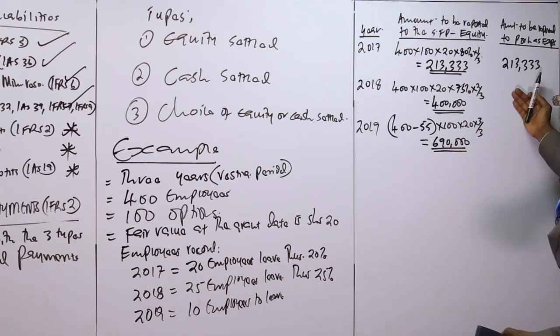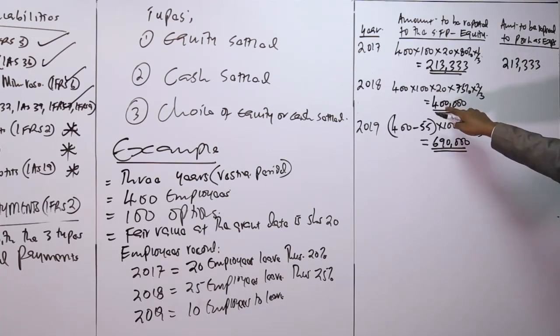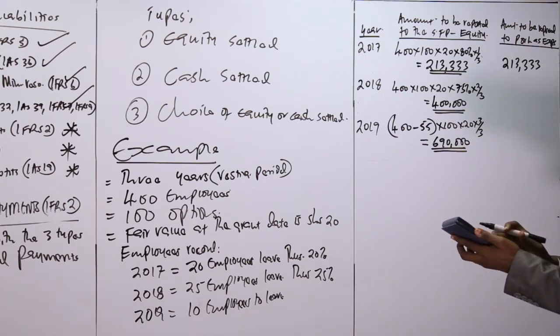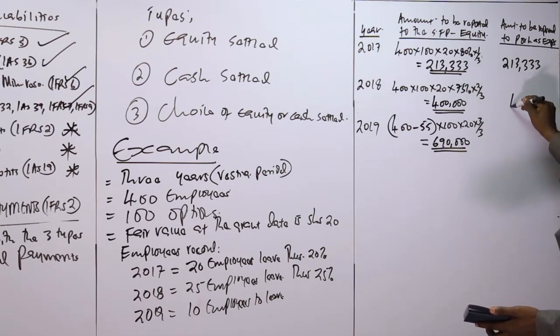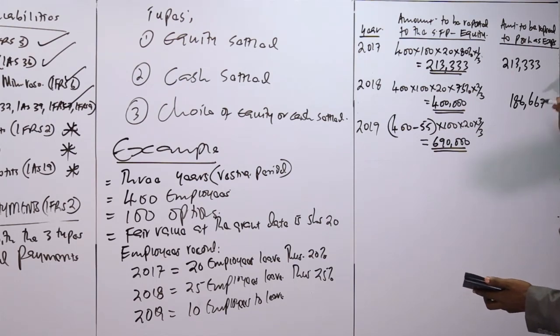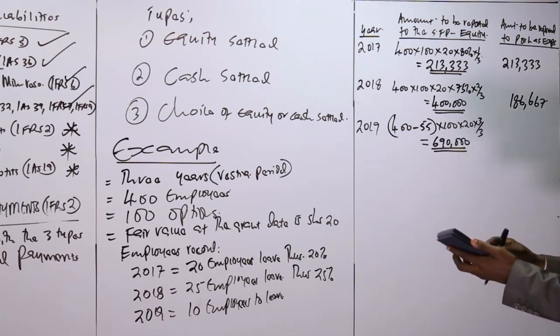So what will be for the second year? You can take the 400, you subtract the 213,333. How much would that be? So 400 minus 213,333, we have 186,667. How much are we going to report in the third year?